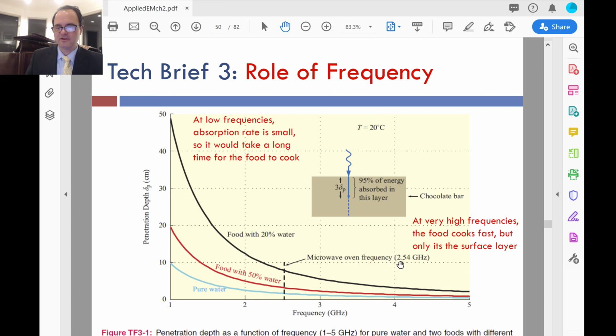And so water absorbs radiation at 2.5 gigahertz. So if you have a food that has water in it, the microwave oven will cook it. If you have food that doesn't have water in it, like dried beans or something like that, you'll find that it does not heat up very much. All right, so ceramic mugs, anything without any water, will not heat up.